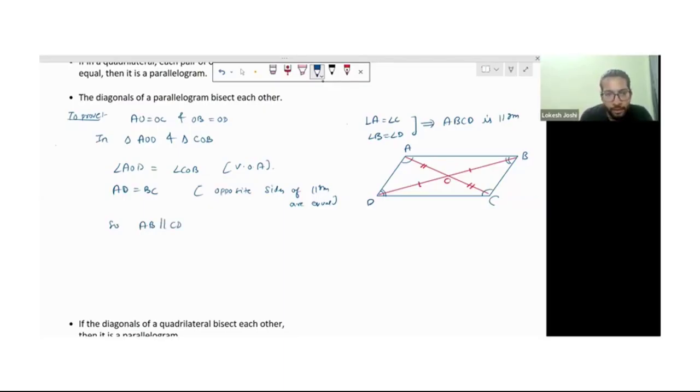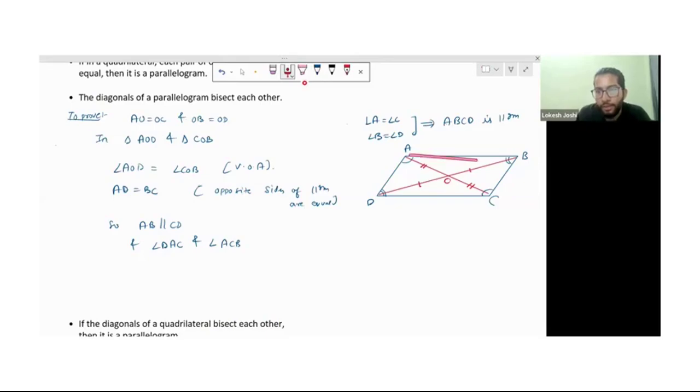Okay, and angle DAC and angle ACB. Angle DAC is this one and angle ACB is this one. They are alternate interior angles, or we can say if AB and CD are parallel lines and AC is the transversal, this one, then this angle should be equal.